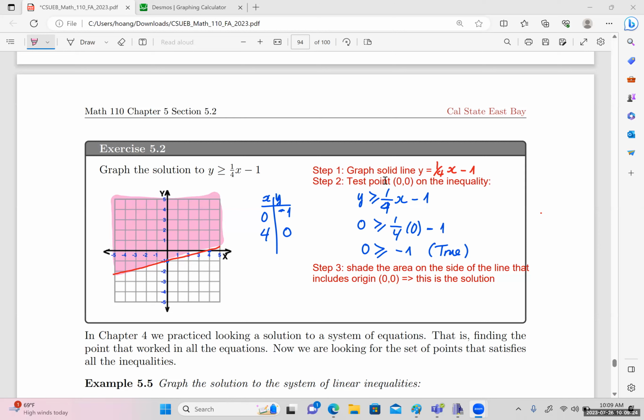And I will choose a test point that is not on the line, 0, 0, the easiest one, and then plug into the inequality, and I see that 0 greater than or equal to -1 is a true statement. So I shade the area on the side of the line that includes the origin 0, 0, and this will be the solution, right?